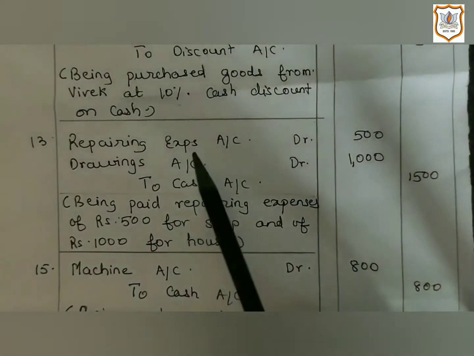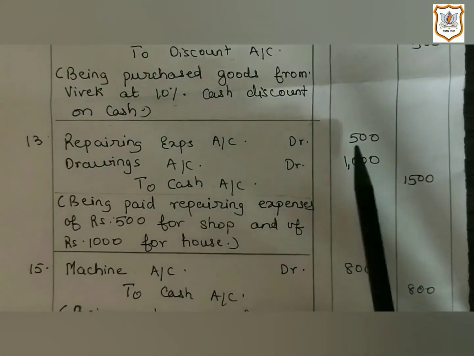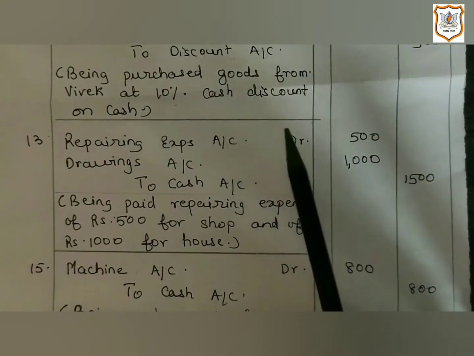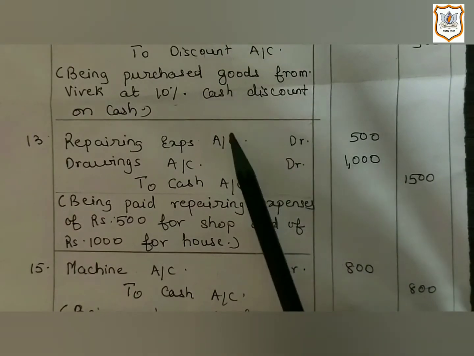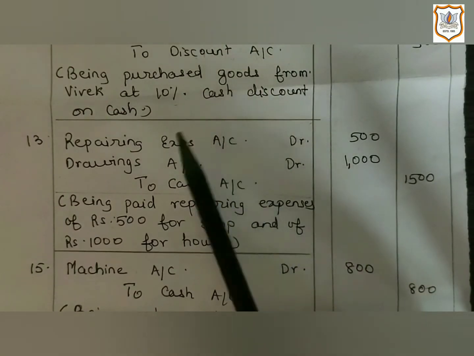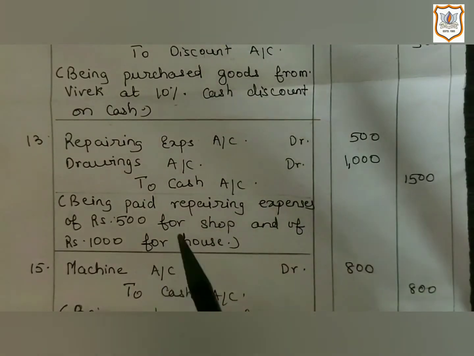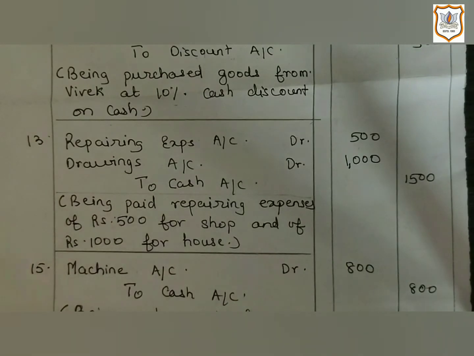Here repairing expense, which is 500, will be debited as this is the expense of business. So as per the rule of nominal account, that is debit all expenses. So here repairing expense account will be debited by rupees 500. Then house repairing expense is the owner's personal expense.